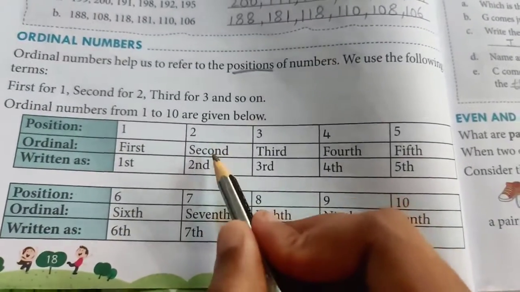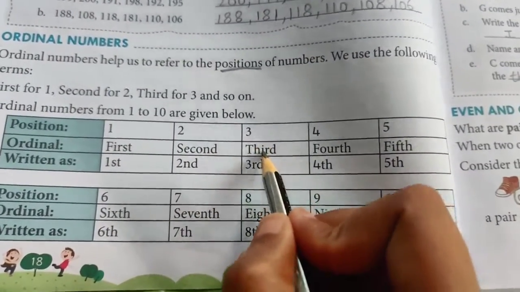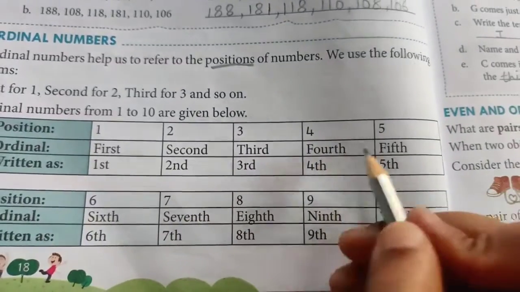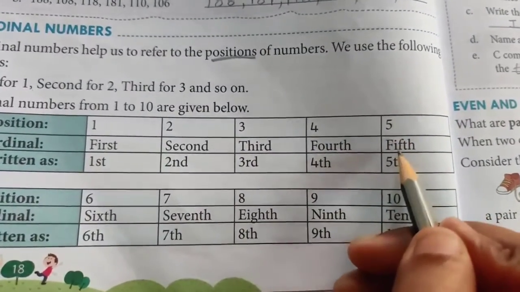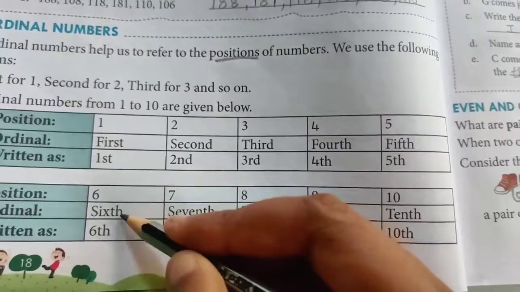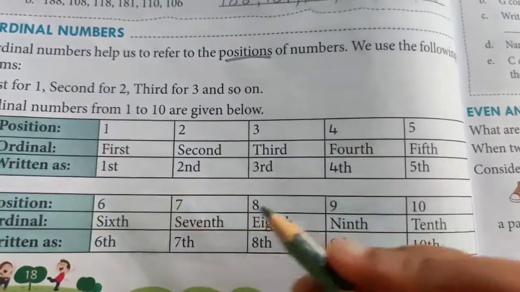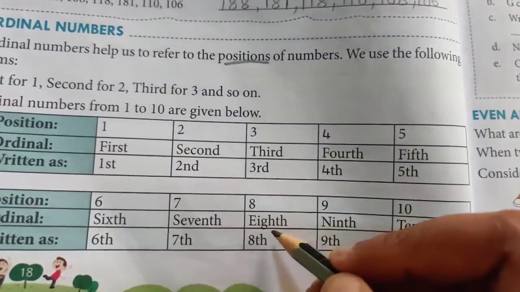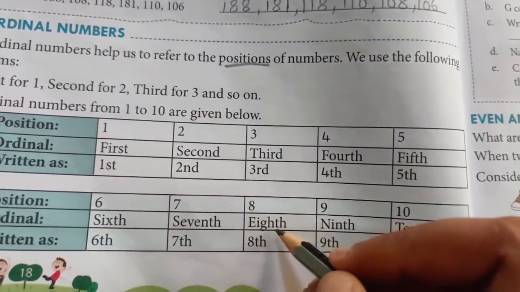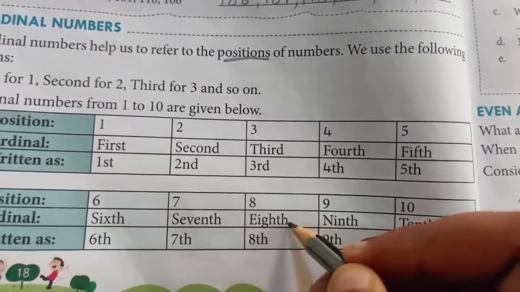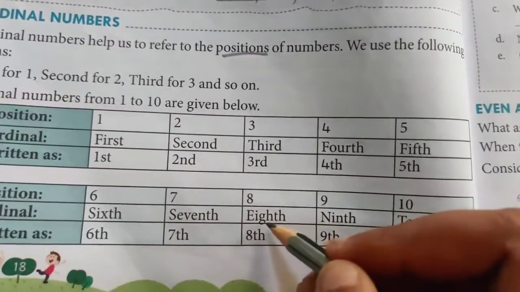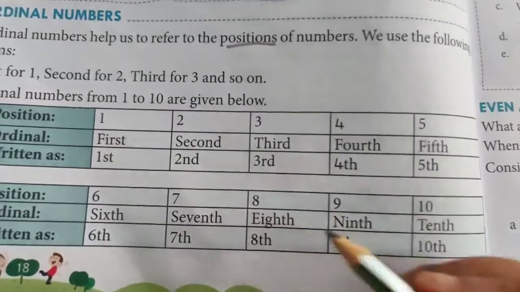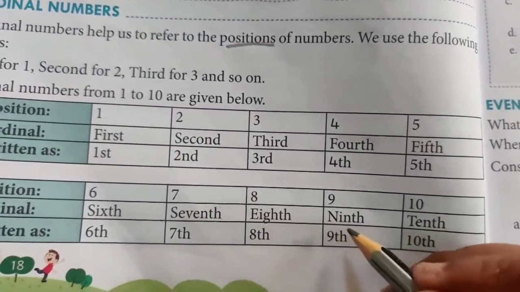Yes, 2 is second, 3 is third, 4 is fourth, 5 is fifth, 6 is sixth, 7 is seventh, 8 is eighth. See the spelling. After writing 8 is spelling, EIGHT, and then put H. Yes, 9, NINTH.